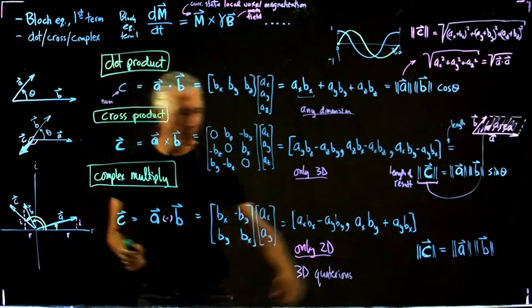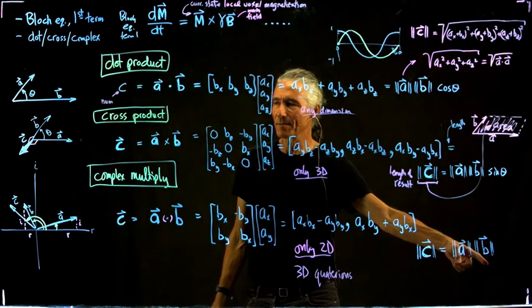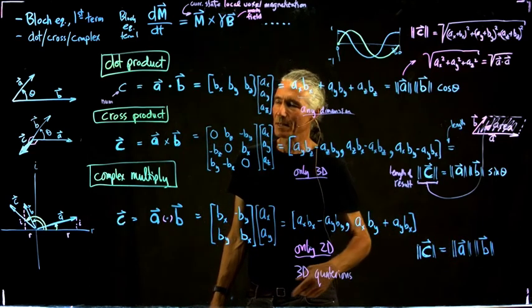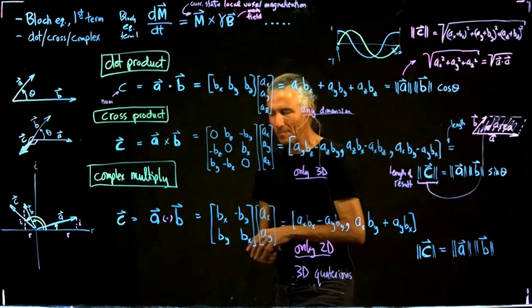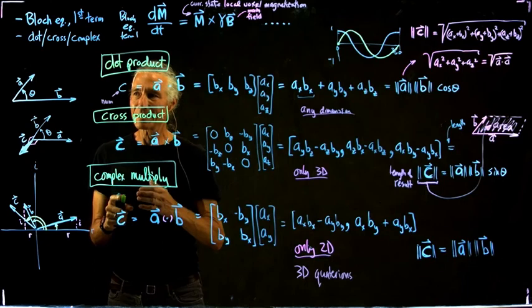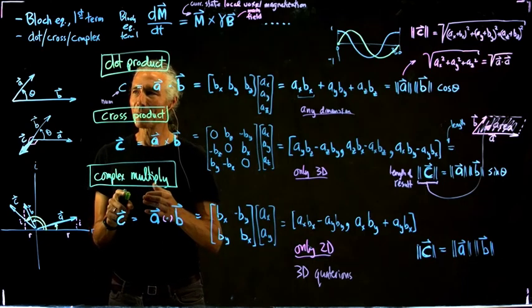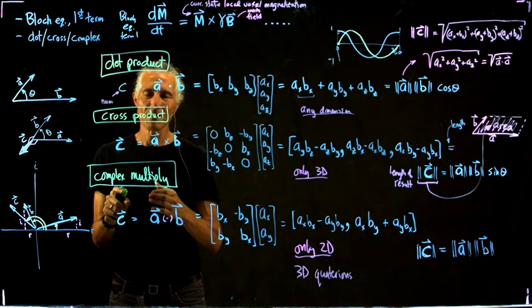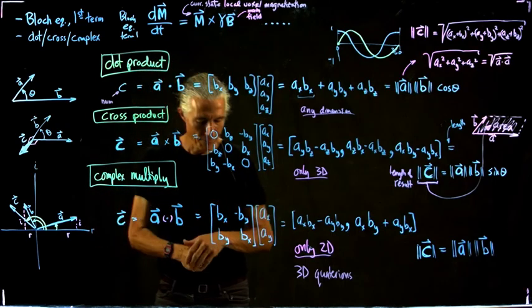If you're multiplying by a complex number that has a length of 1, it will just give you a pure rotation. We need that to understand what the MRI signal is. This is what the MRI signal is, a complex number. And we definitely need it for the Fourier transform.